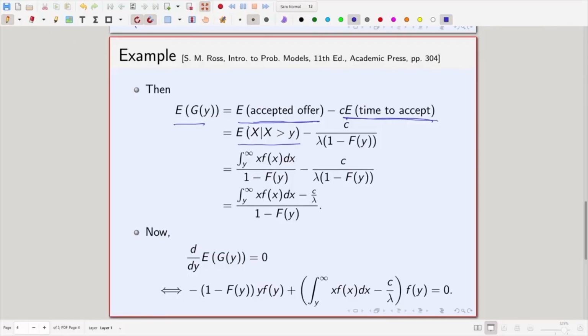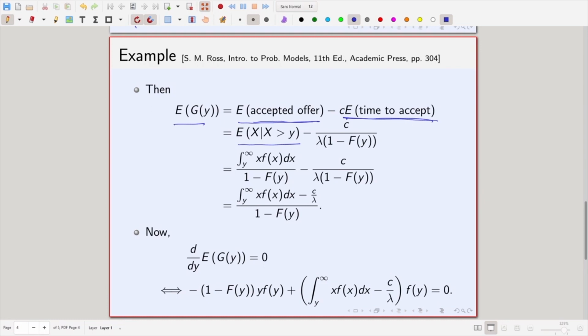Since you are given the information that you have accepted the offer, that is equivalent to the information that the offer was of size greater than y. So, the mean of the accepted offer will be a conditional expectation: the expectation of X given X is greater than y.